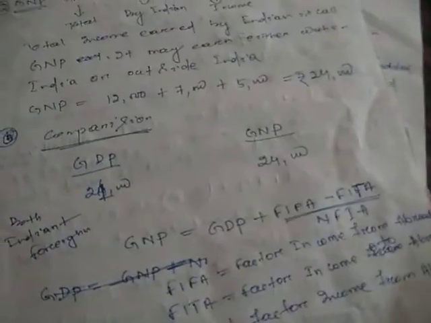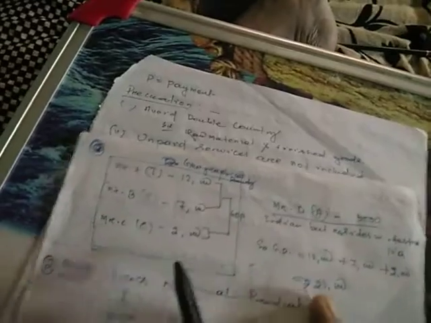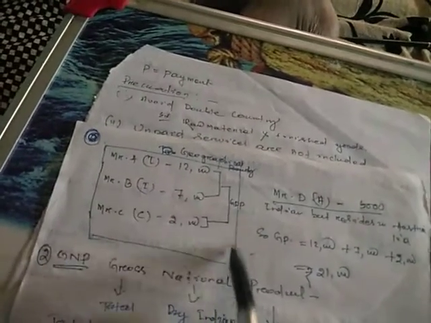So let me use one example, and your doubt will be more clear. The concept will be more clear on how GDP is calculated. You see here, I'm giving you one example. Let's say this is the boundary of India. Now, three persons I am considering here.